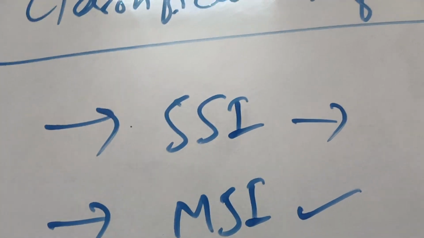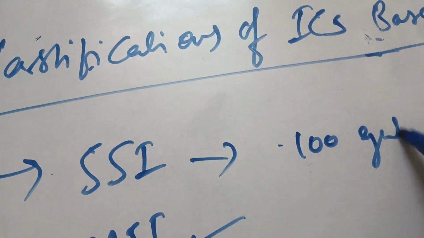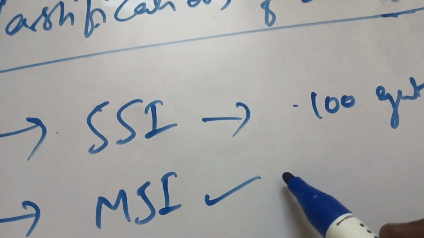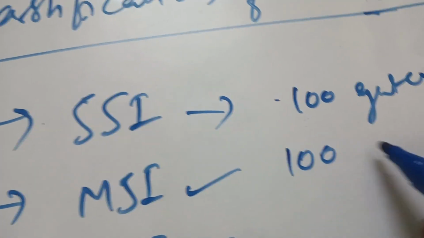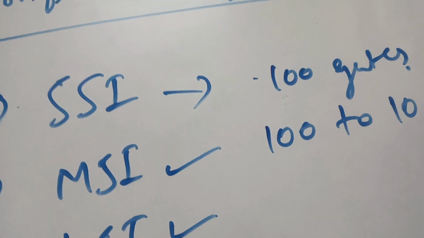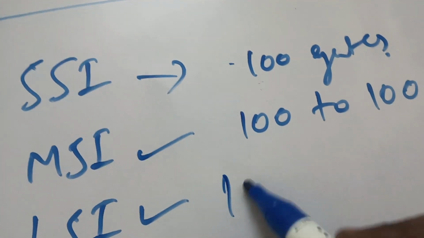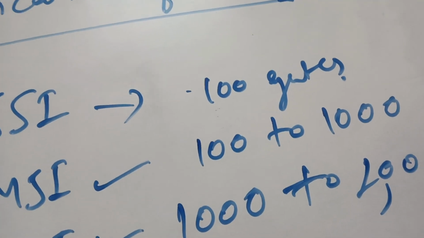SSI contains up to 100 gates. Medium scale contains 100 to 1000 gates. Large scale integration, 1000 to 20,000.